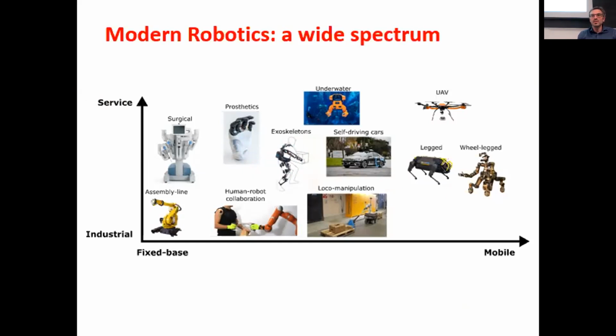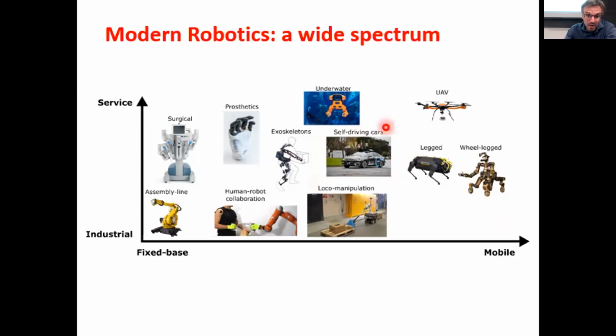The other one is in the case of workers who need to, for example, carry very heavy loads. They do power augmentation, so they increase the strength of the person in lifting loads. So they reduce work accidents due to back pains and the like.